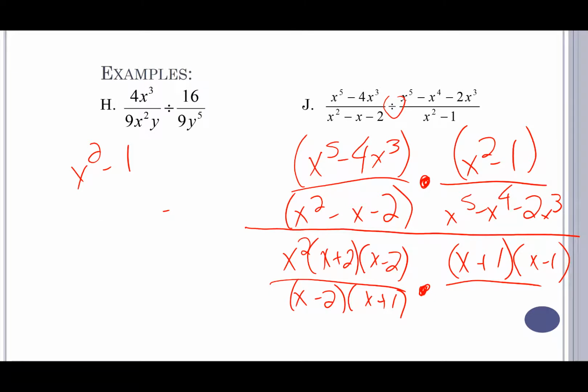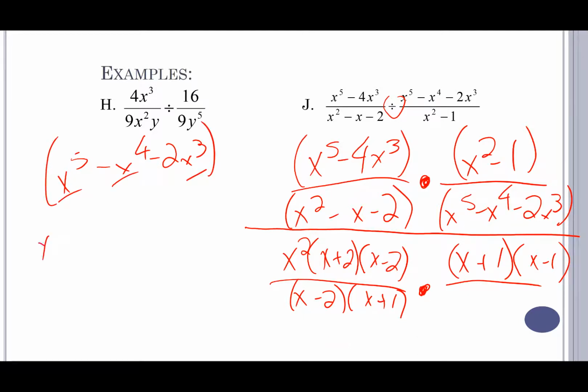And now the denominator, x to the 5th minus x to the 4th minus 2x to the 3rd. There is a GCF. I can factor out an x to the 3rd in all of those. That'll leave me an x squared minus an x, and then minus 2, because remember, you're dividing out x to the 3rd on all of those.